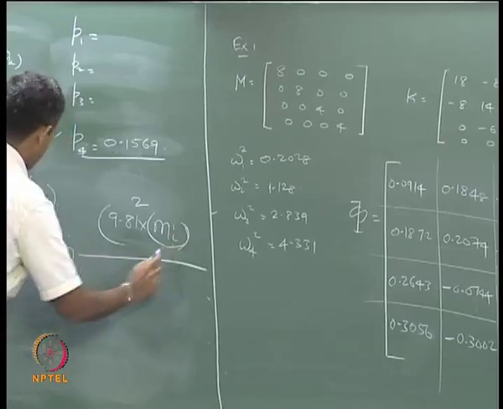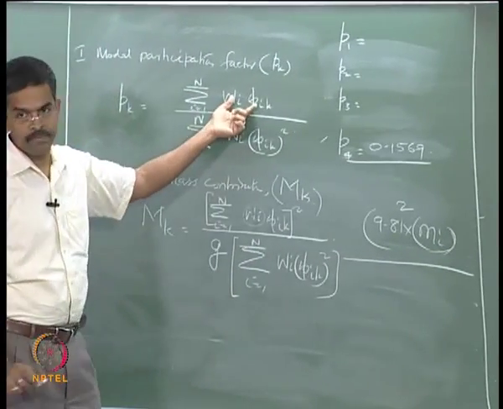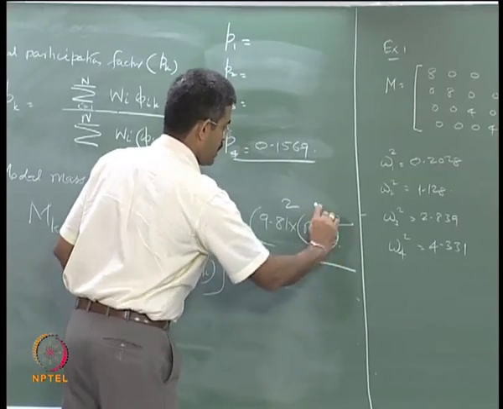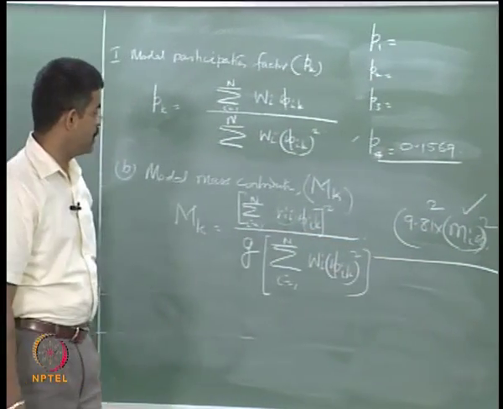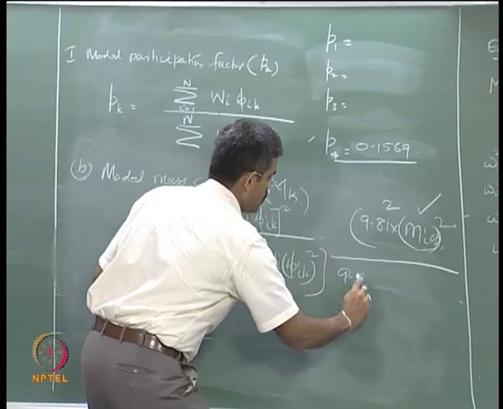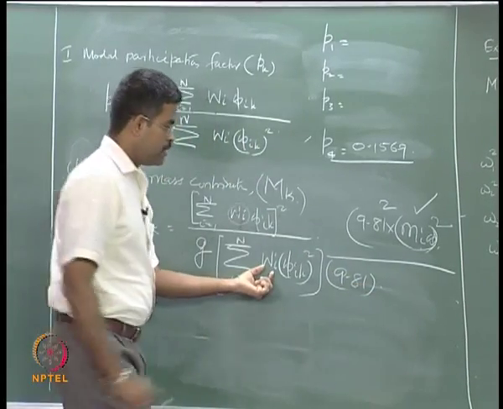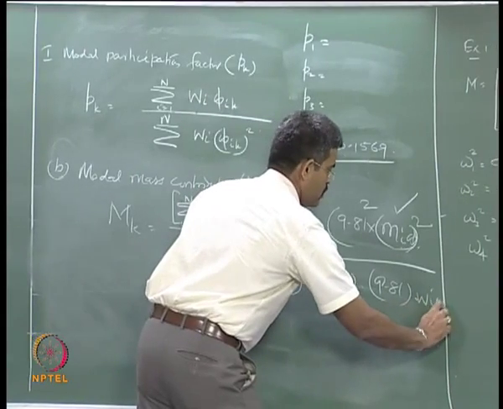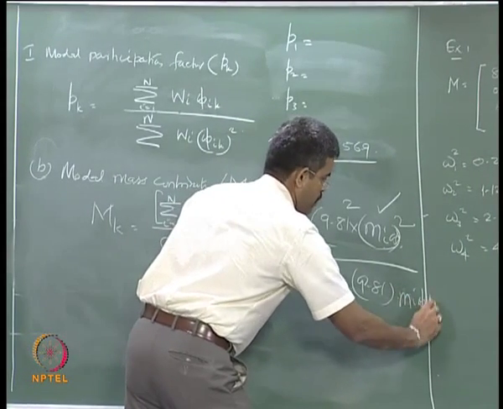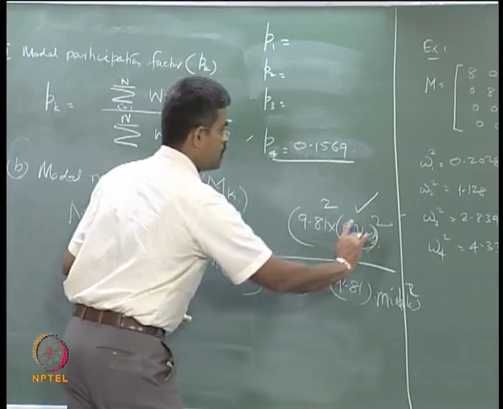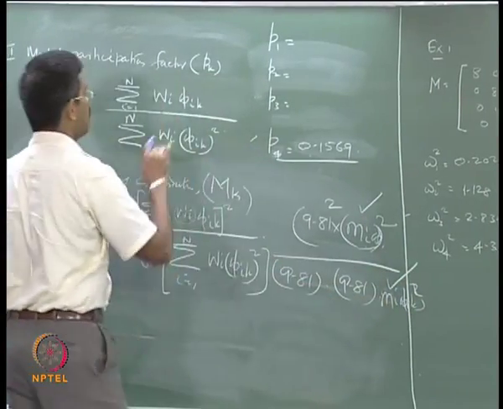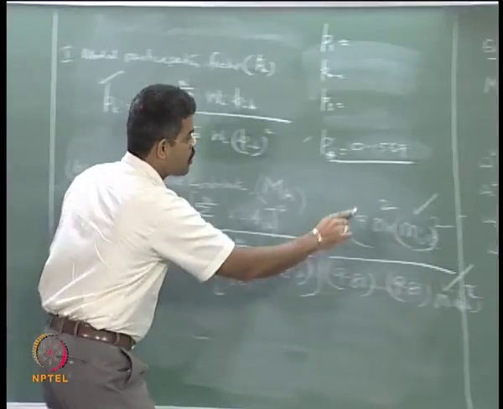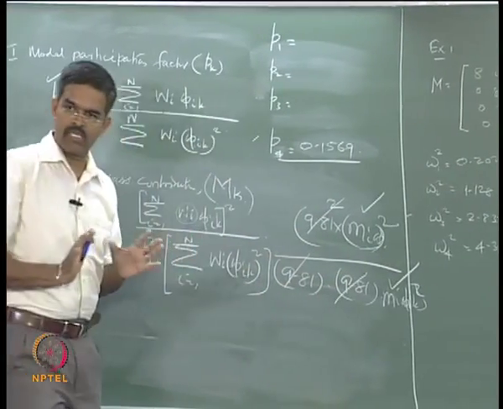Of course, all this is already available to me, except that Mi phi ik square, I will show you where it is available to me, and here again 9.81 and again here 9.81 of this value phi ik square. So, this value and this value are already available to me in my pk calculations. Now, this square and these two actually get cancelled.